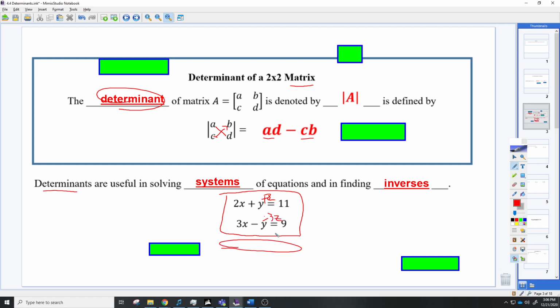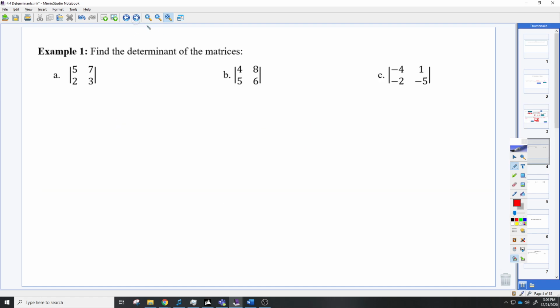You can use matrices there to solve for x, y, and z as well. We won't cover that. We don't have time to, and it requires the use of the calculator as well. But we're just slowly touching the foundation of what a matrix is, and now we're going to talk about determinants of a matrix. So we're going to practice some.